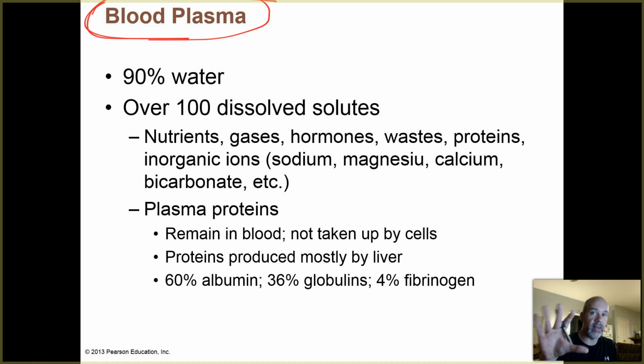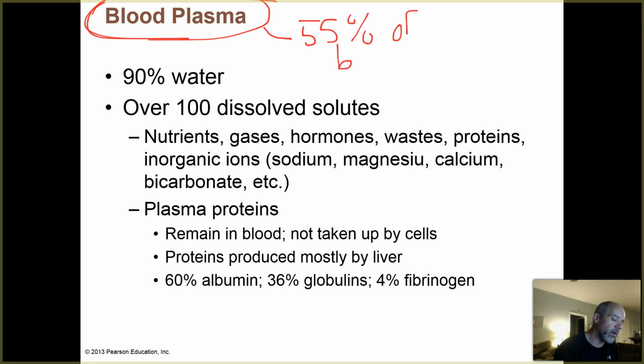Beneath that you would have densely packed red blood cells, which would make up roughly 45% of the volume. Blood plasma makes up, again, about 55% of blood volume.